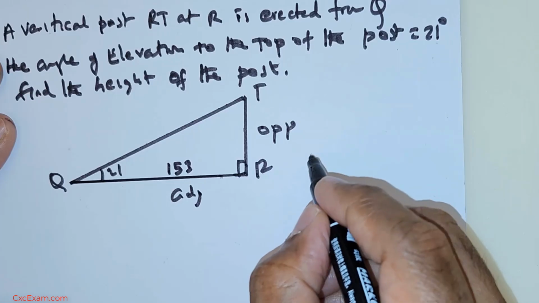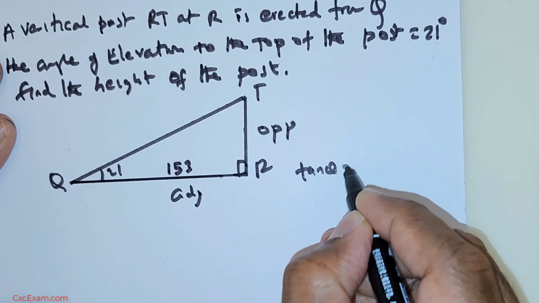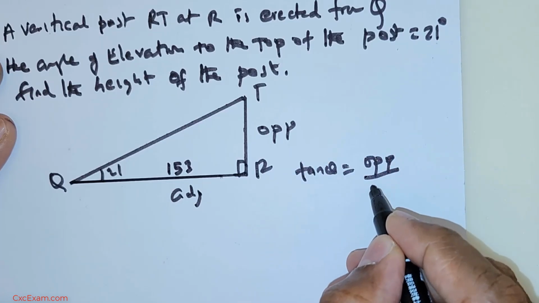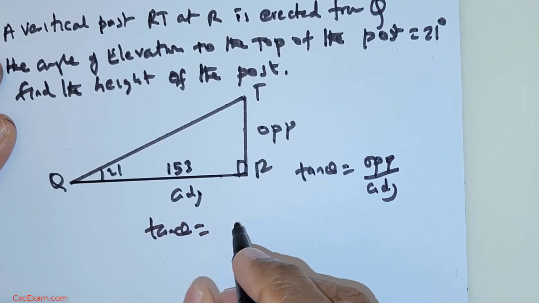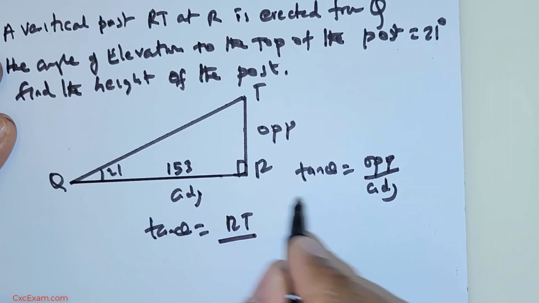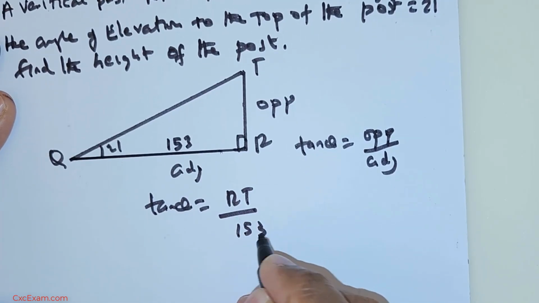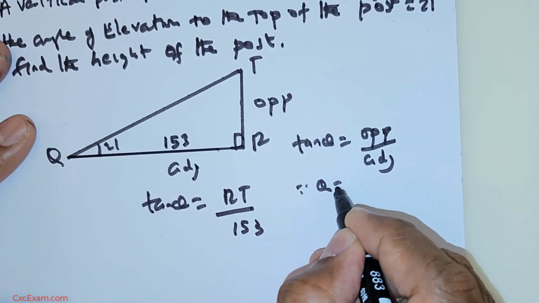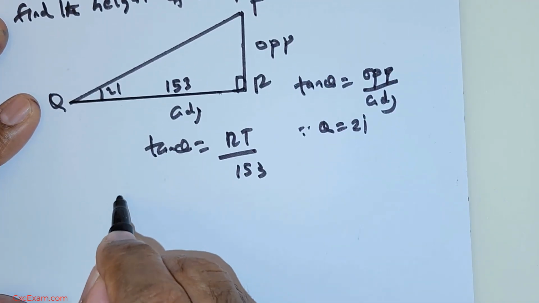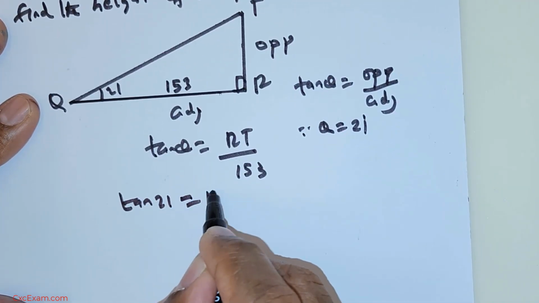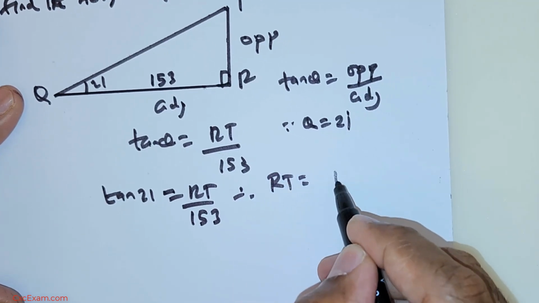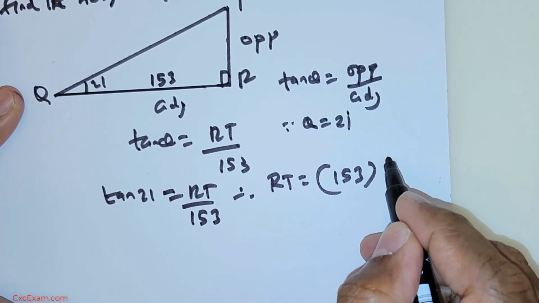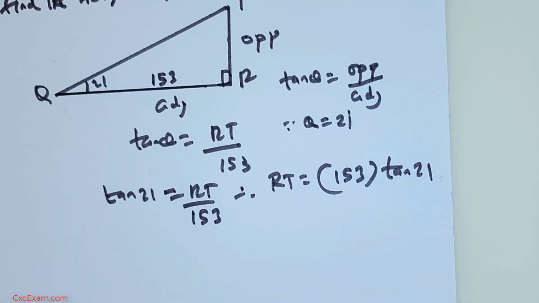Now we need RT, so I'm going to use tan theta. Tan theta is opposite side divided by adjacent side. So tan theta is opposite side is required, adjacent side is 153. Now theta is 21 degrees, so tan 21 is equal to RT divided by 153. Therefore RT is equal to 153 times tan 21.